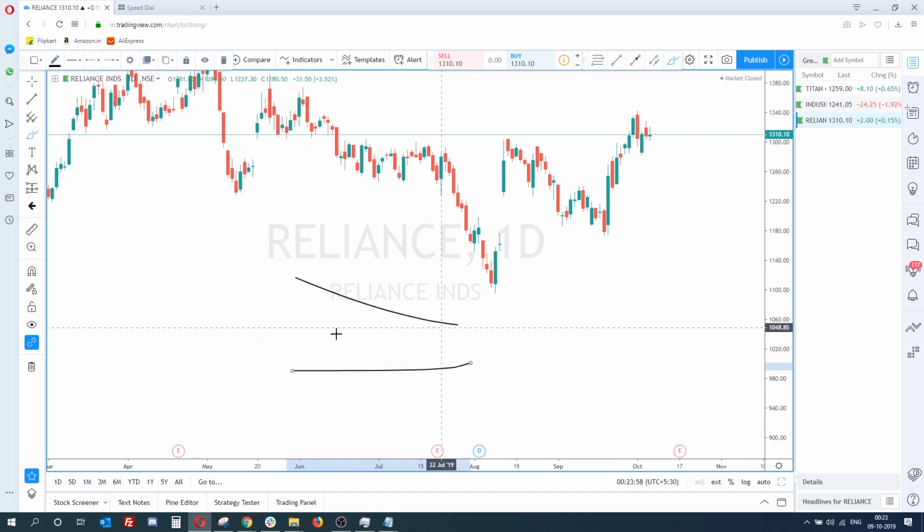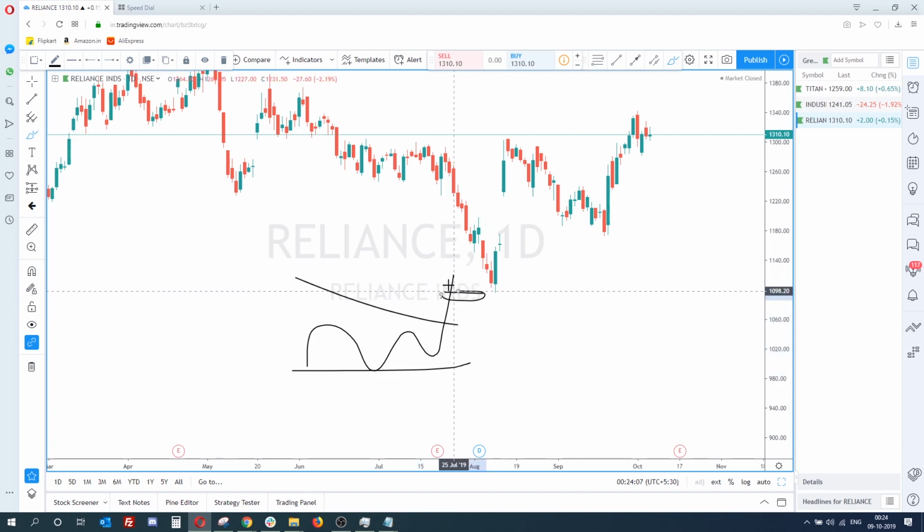There is a breakout from the pattern. We wait for the red zone. Let's assume this is the red zone. Once the red zone is also breached, we take a trade.